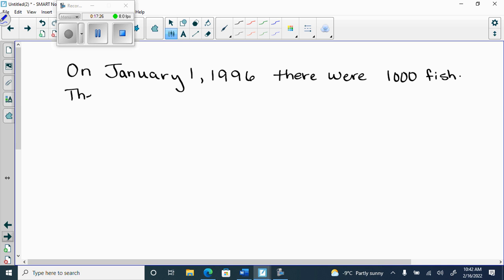The fish increase by 15% per year. They often write per annum in grade 12. Annum just means per year, or they'll go /A. /A means per year. Same thing, they always give it per year, even in grade 12. Fish increased by 15% per year.